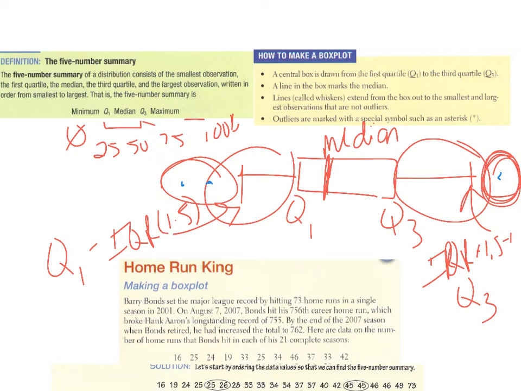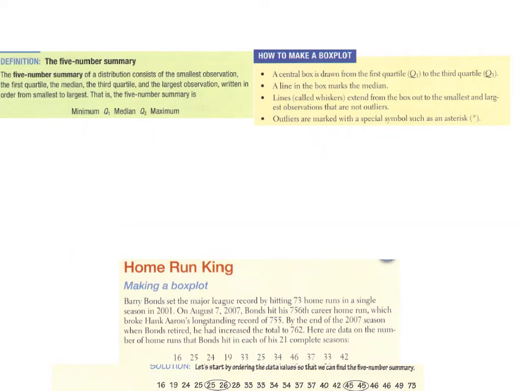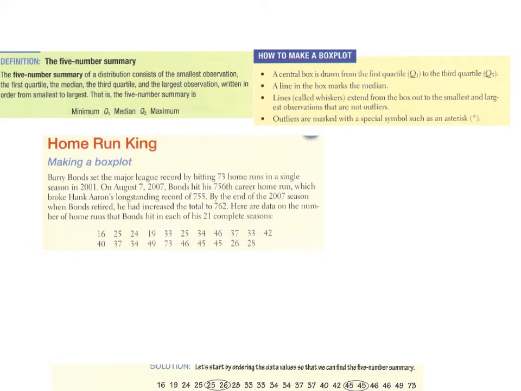Okay, so let's run through this example real quick. Like I said, I'm pretty sure you've done this before. In this particular example, we're making a box plot based on data from Barry Bonds and his home runs. Here's the data for the number of home runs that Bonds hit in each of his 21 complete seasons, over the entire season.